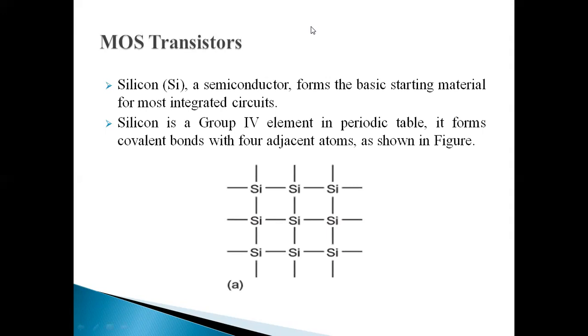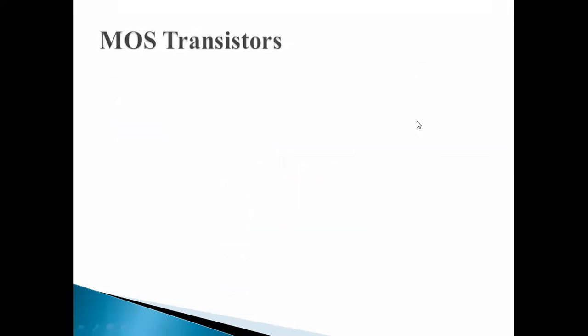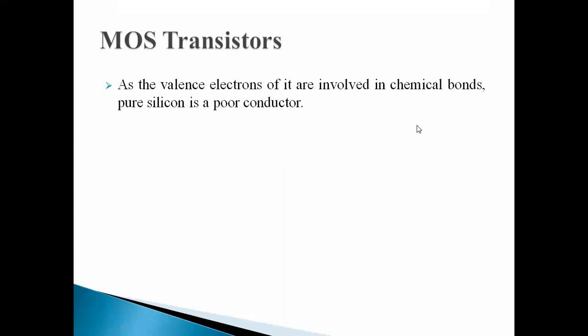If you observe this particular figure, it's very clear that silicon atoms form covalent bonds with their neighboring atoms.